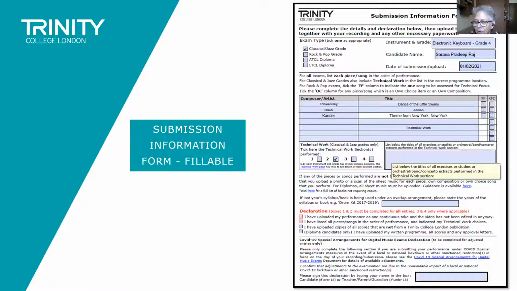We just saw there was 1, 2, 3, 4 in some of them. So if you're doing 2, section 2, please put that down. And in the box on the right of it, you put a list of the exercises or studies that you are going to be playing. Okay? That's if you've chosen the exercises. But in piano, you have to put them because it is compulsory.